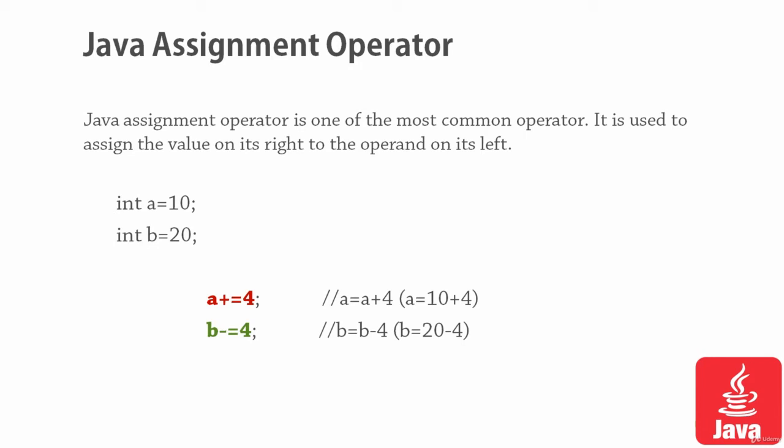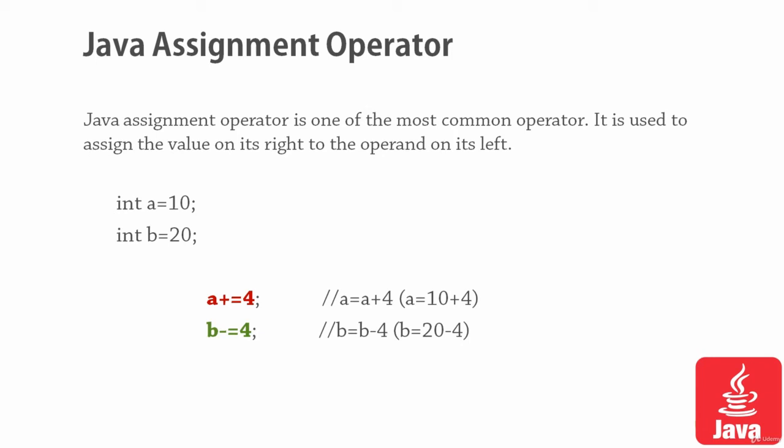Similarly, if you want to perform successive addition or successive subtraction, we can perform it using a shorthand operator. If we have a variable a having a value say 10, and we want to add 4 to a, the format of writing this is a equals a plus 4. It is a repetitive and long way.